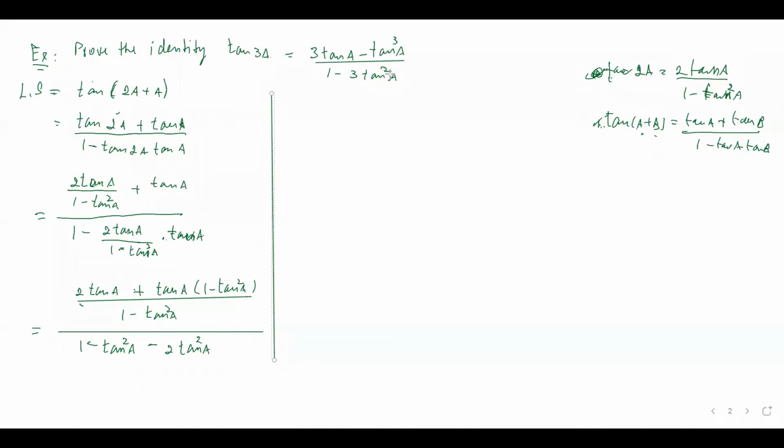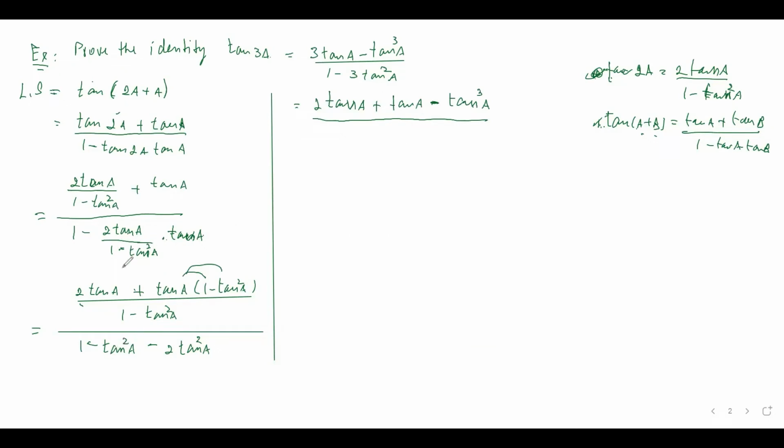The top one you simplify, this one is going to be 2 tan A, plus this one times it, correct? Expand it. So plus tan A minus tan cubed A, then over this one.